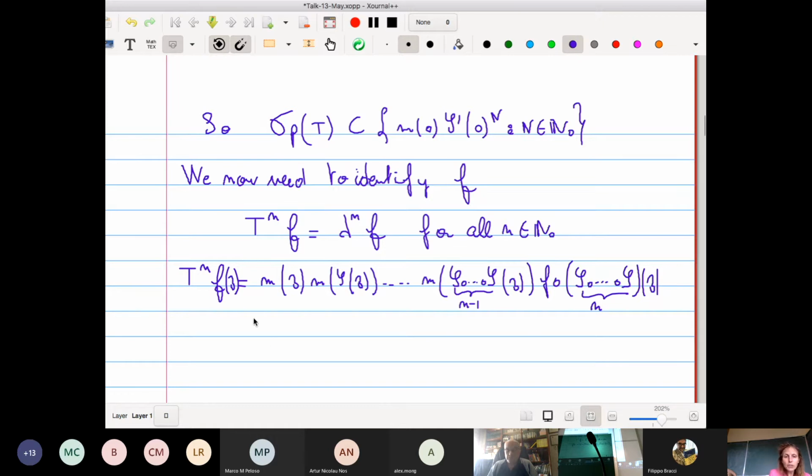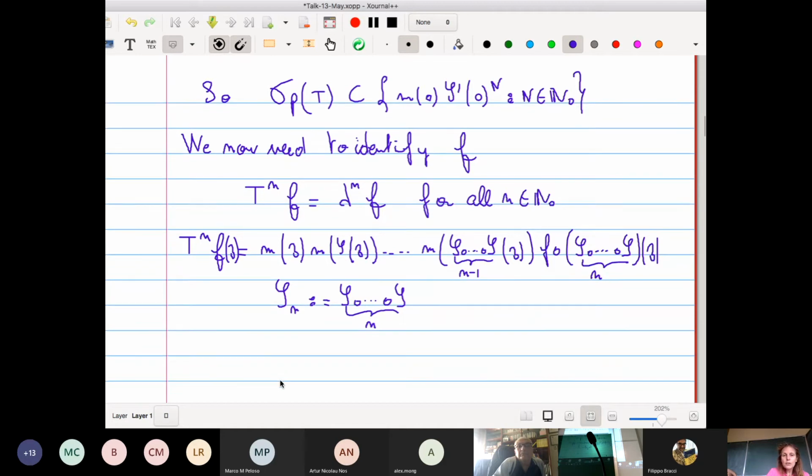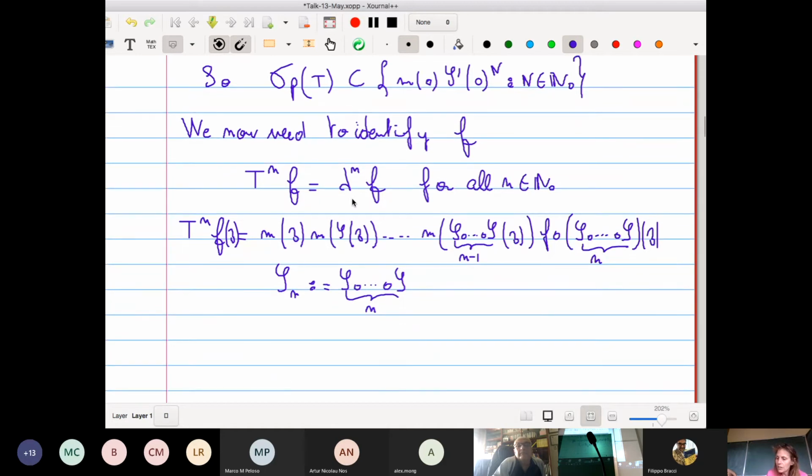So we introduce a notation just to avoid saying all that. So phi n is phi composed n times with itself. So what happens for f?